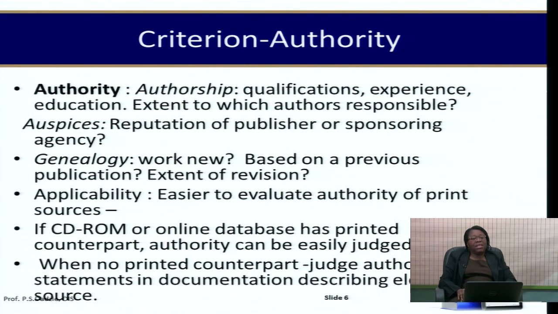So under the criterion authority, there are three main issues you need to consider. Consider the authorship, consider the auspices, and consider the genealogy. Now, this criterion, and with all these issues under them, it's very easy to determine in a print publication.